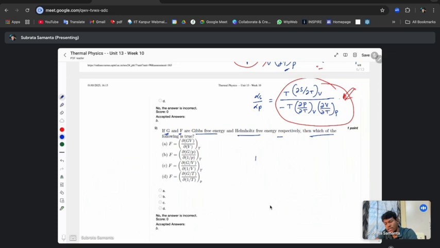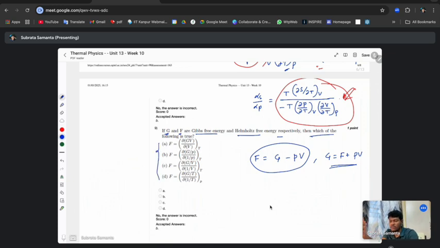F, the Helmholtz free energy, is basically G minus PV, or in other words G equals F plus PV, so your Gibbs free energy equals Helmholtz free energy plus PV. I use F equals G minus PV because in the options all are basically F equals to something. That's why I choose this one.